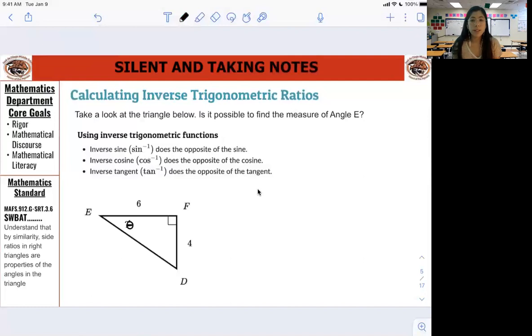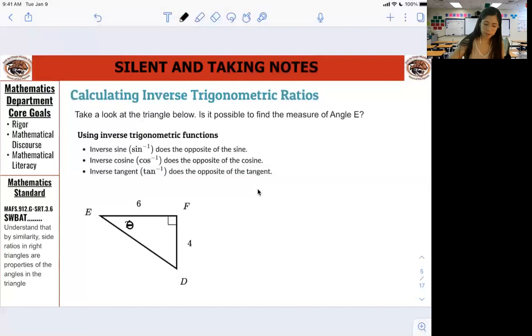Sine, cosine, or tangent? Okay, sine, no? Good, tangent. We got opposite over adjacent.